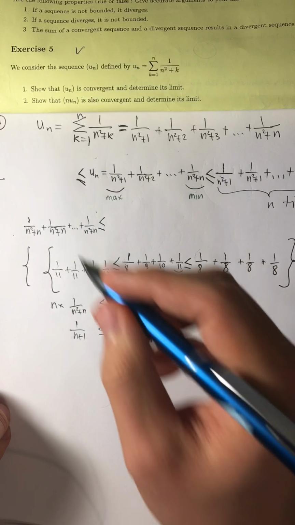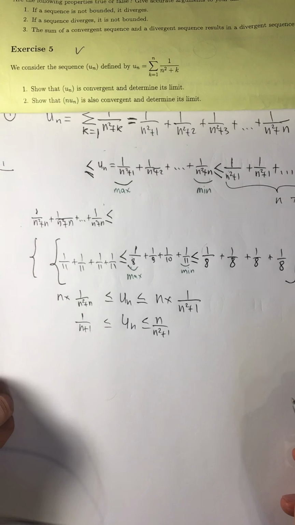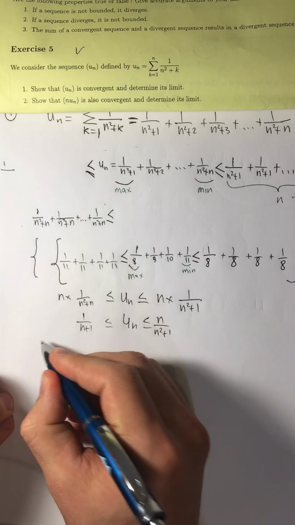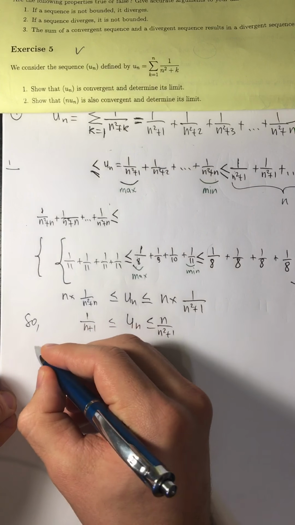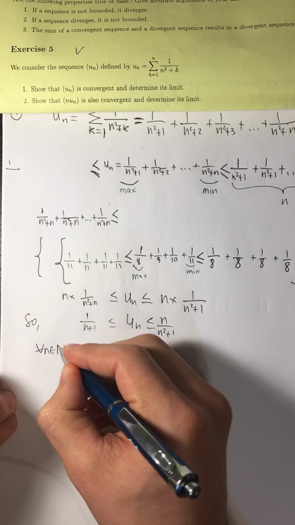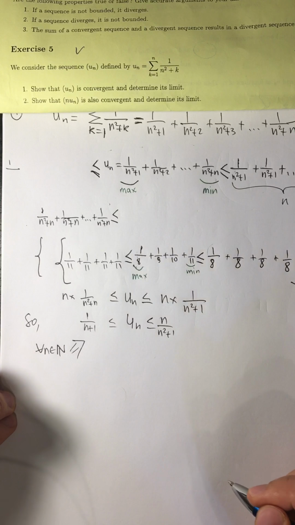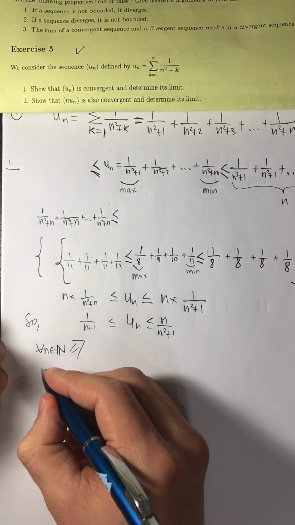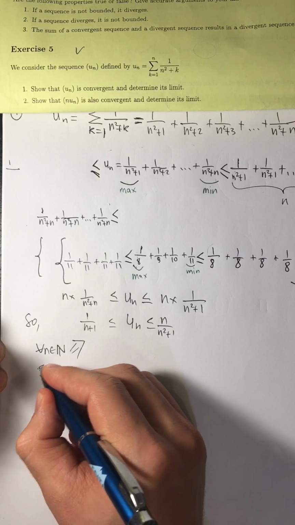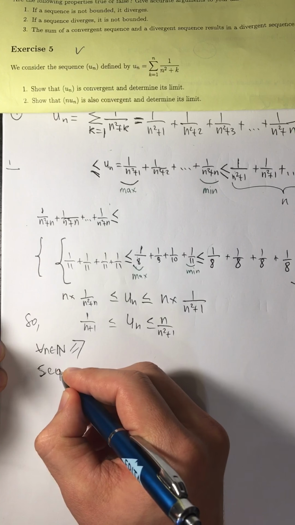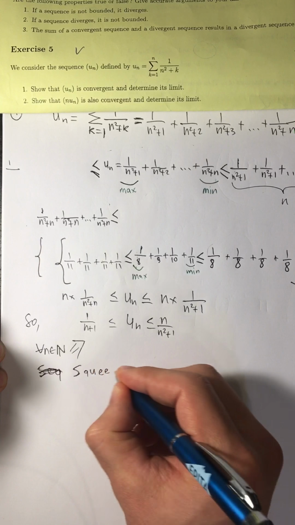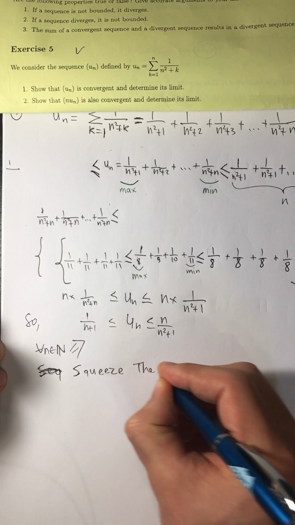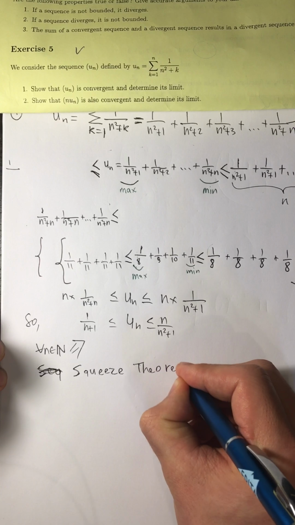So this was the first step, and the next step is quite easy. So for all n, this is correct. And now, based on the squeeze theorem, I don't like this, but we can use it here.